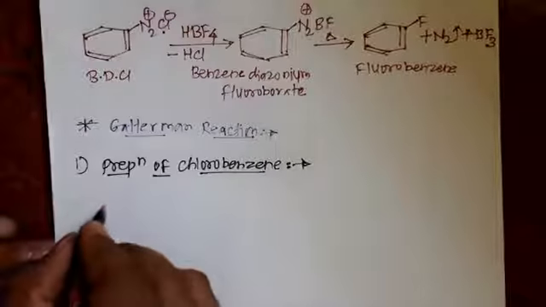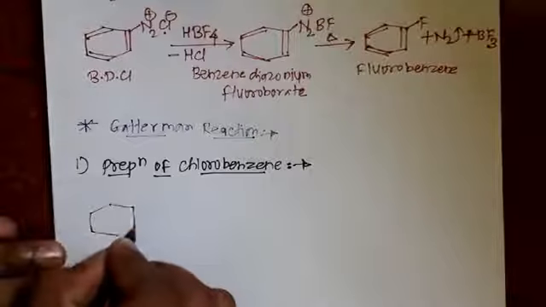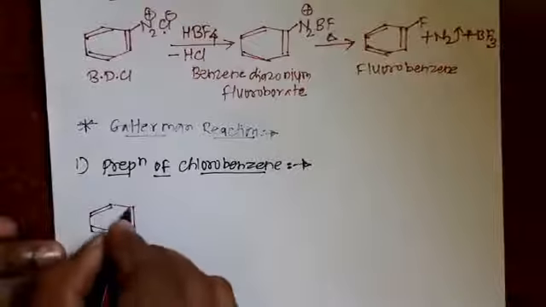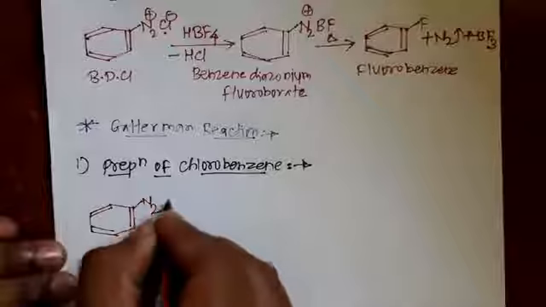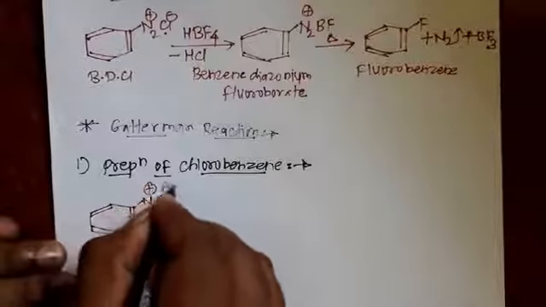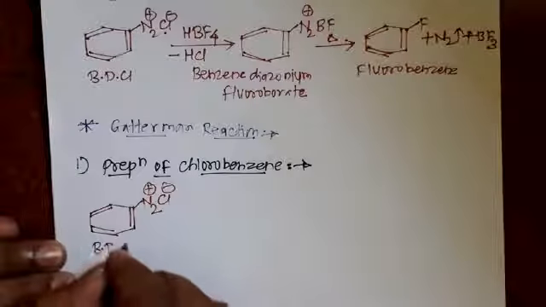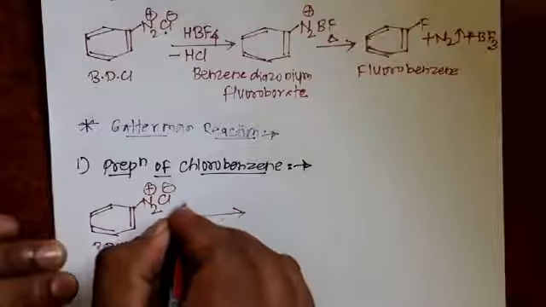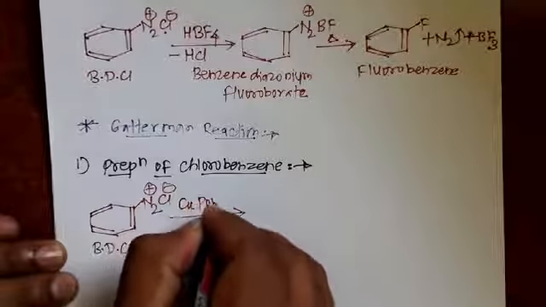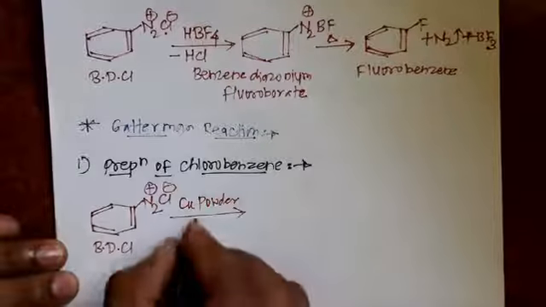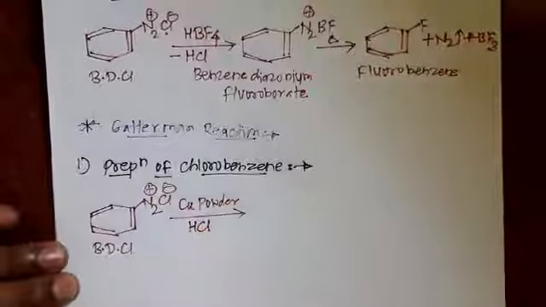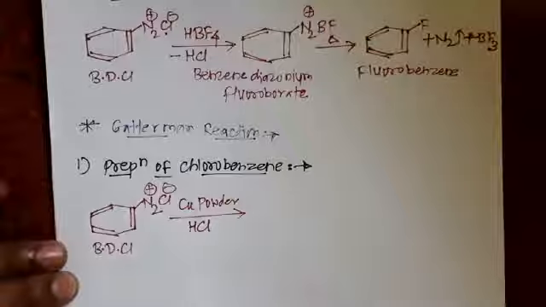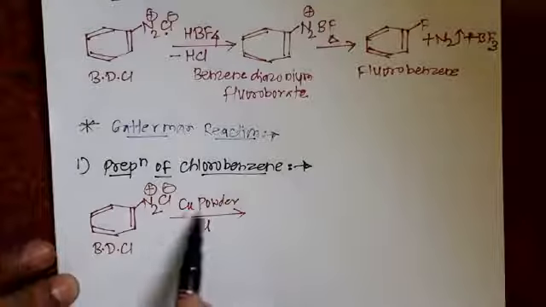Here benzene diazonium chloride is treated with copper powder and HCl. Simple. This reaction condition is changed.